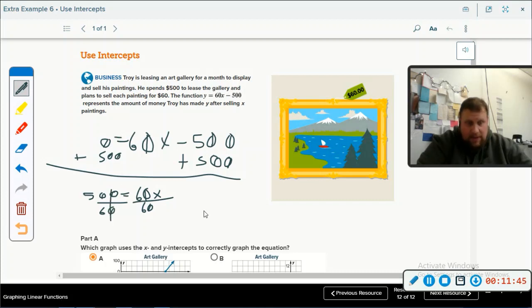50 divided by 6, I don't know. It's going to be 8 point something. Let me get the calculator out. 50 divided by 6 is 8.33, 8 1/3. Or just x equals approximately 8.33, which is what we see right down here.